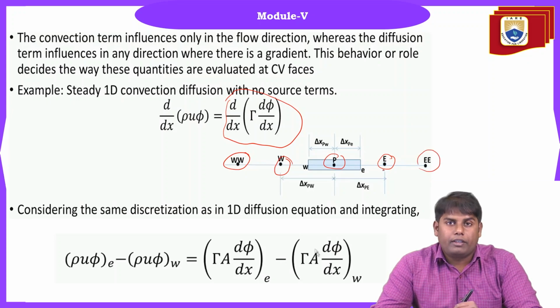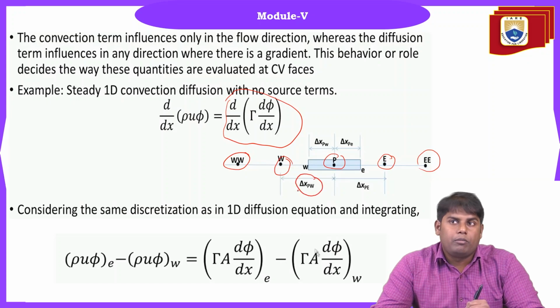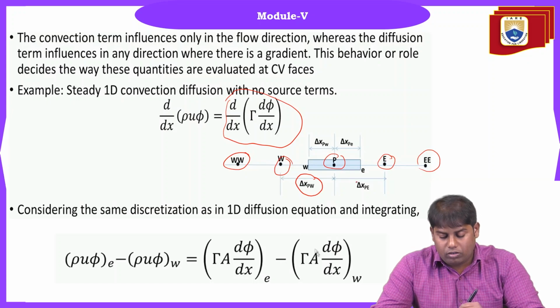The distance between this point P and the west node, you can see this one as delta x PW. Next, the distance between P and E, the east node, is delta x capital PE, and the distance between the point P and the face. So this is called the face.